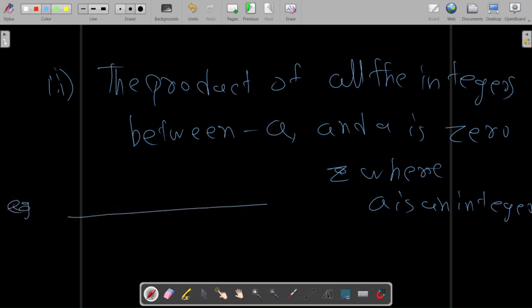On a number line, let there be two integers minus 1 and 1, or minus 3 and 3. I can clearly see there is a 0 between any minus a and plus a. So if I take the product of all the integers, it is 0, so our given statement is valid.